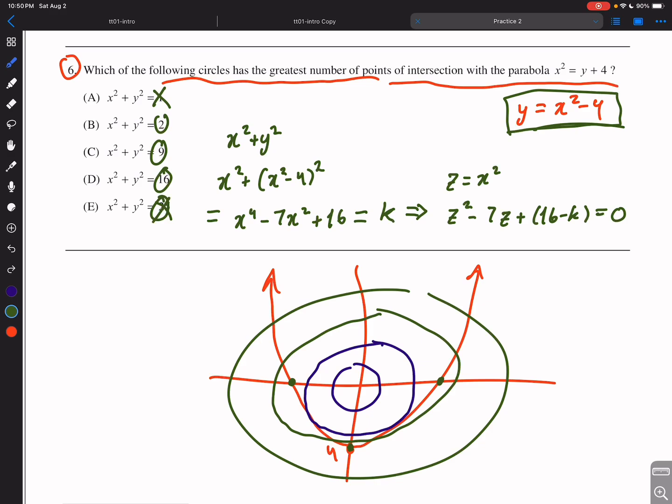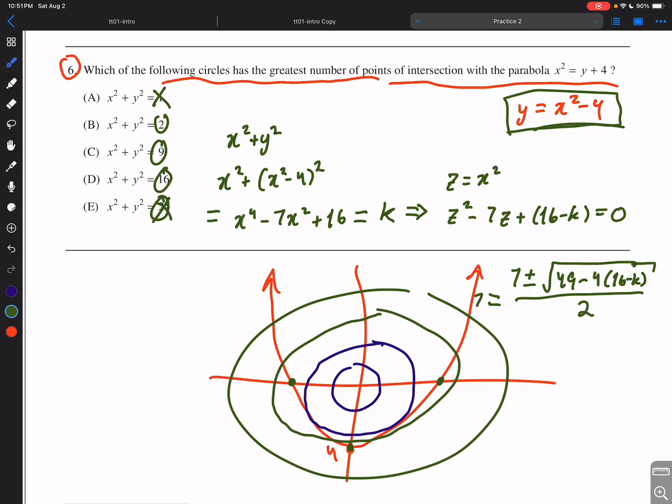If we want 2 positive solutions for z, let's just throw everything immediately into the quadratic formula. We would get 7 plus or minus the square root of b squared, which is 49, minus 4a, which is 1, times c, which is this 16 minus k, all over 2. Most of this we can ignore. The main thing we want to observe is that we want 2 positive solutions for z.